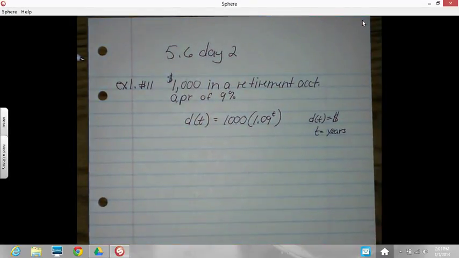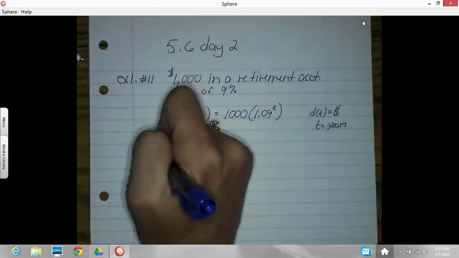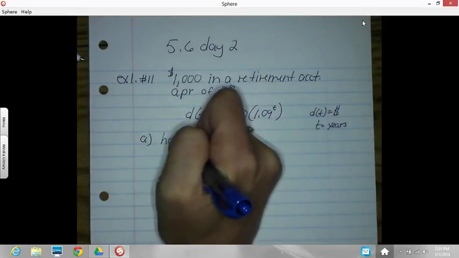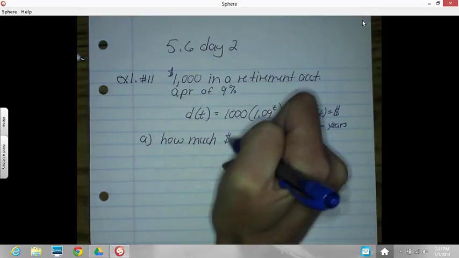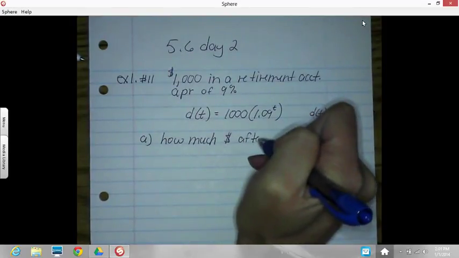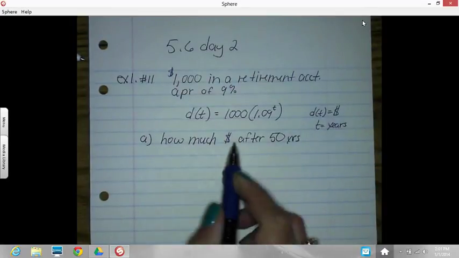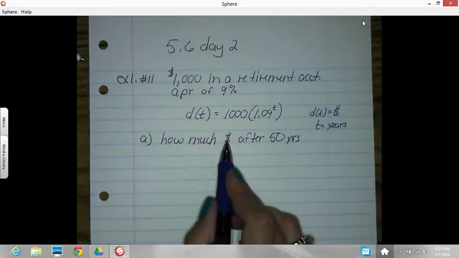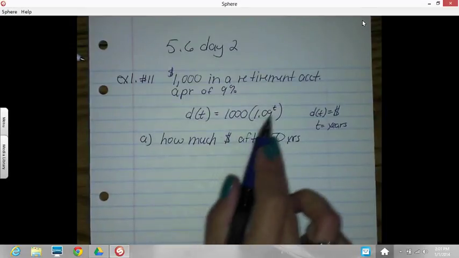And let's just see. It says when you retire 50 years from now, how much money will be in the account? So how much money after 50 years? So we're just looking for the number of dollars we'll have after 50 years. So I don't have to do any calculus. This is simple algebra. Plug in the 50 for the time.